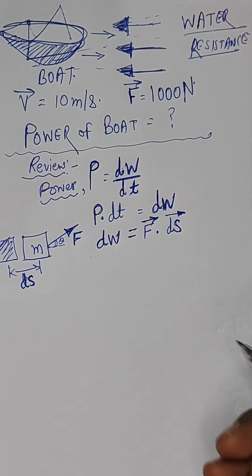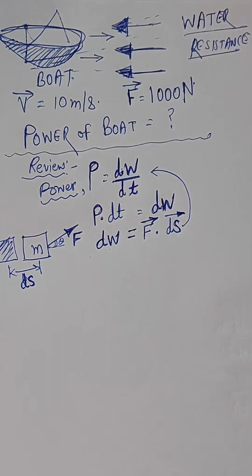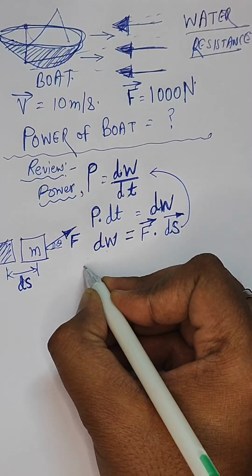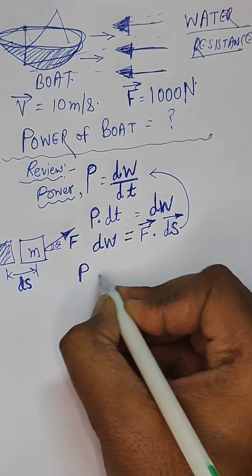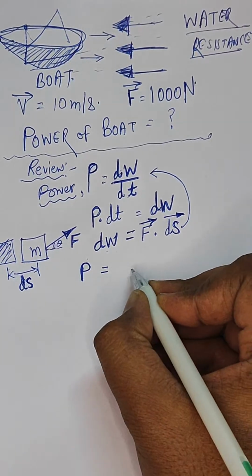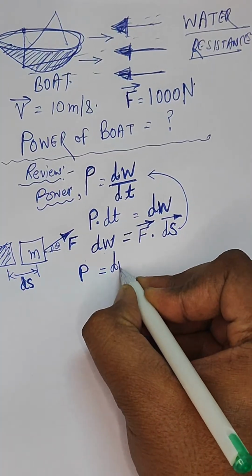Now if we put it over here into this formula, then power can be written as, instead of dW, let me write it again.